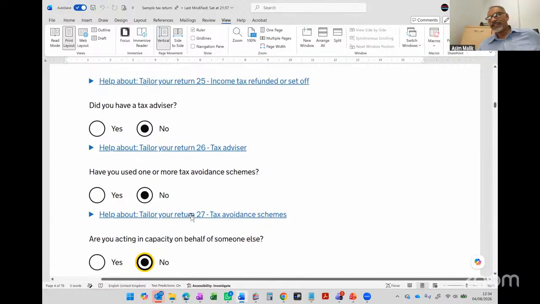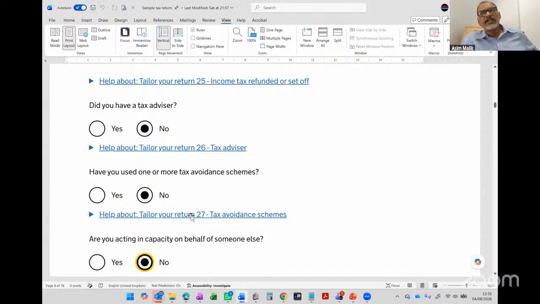There's a difference between tax advisor and if you are basically doing the tax return on behalf of somebody else. Typically आपके family members जो हैं taxpayer के, वो help कर सकते हैं. They can do the tax return for them and they don't have to be regulated accountants, but generally tax advisors need to be regulated by different institutes.